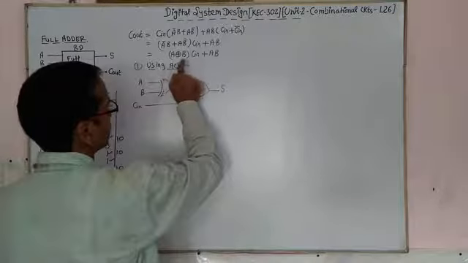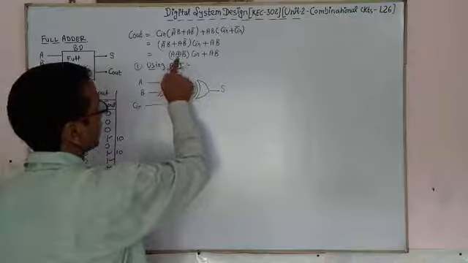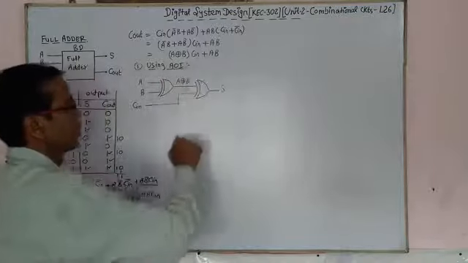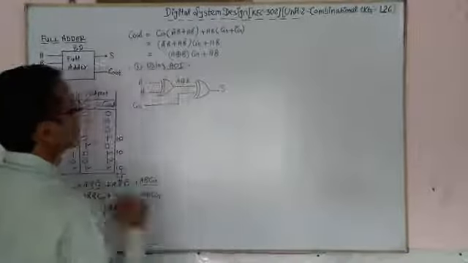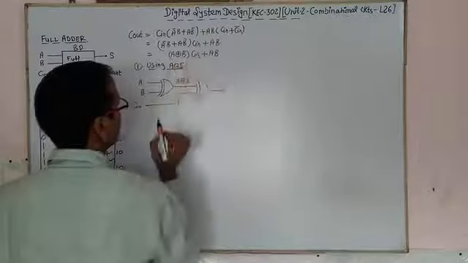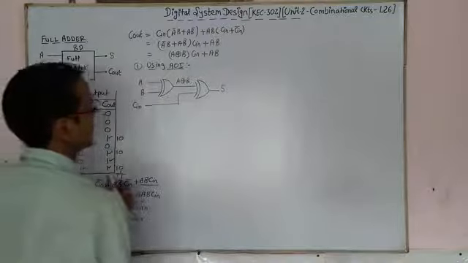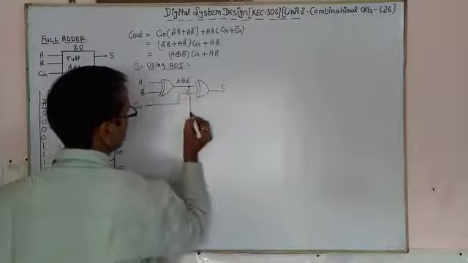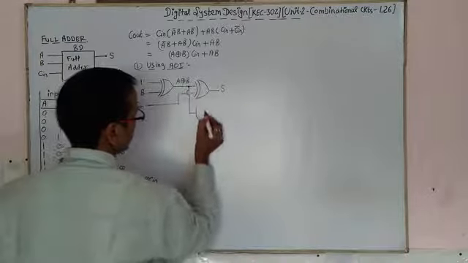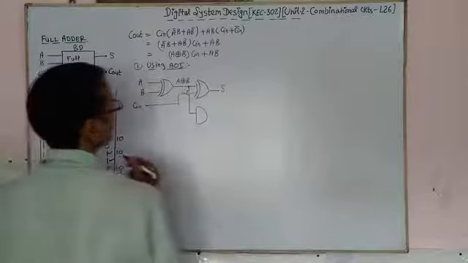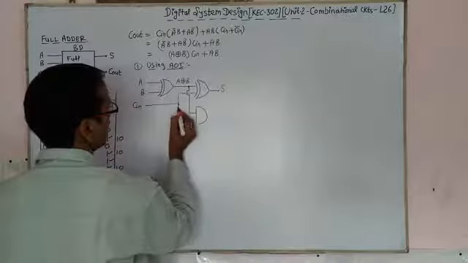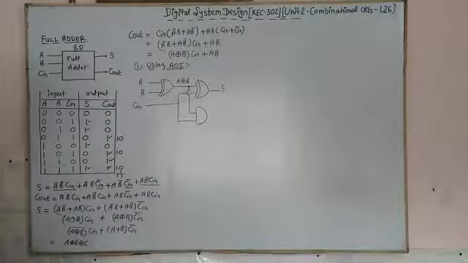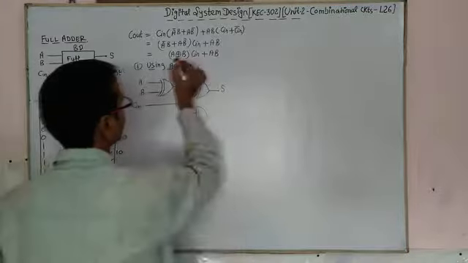C out is the multiplication of this XOR with C in, plus the multiplication of A and B. So first of all, A XOR B multiplied by C in. A XOR B means A XOR B where? This is A XOR B. We are using here one AND gate with input C in, and the output we will get this.